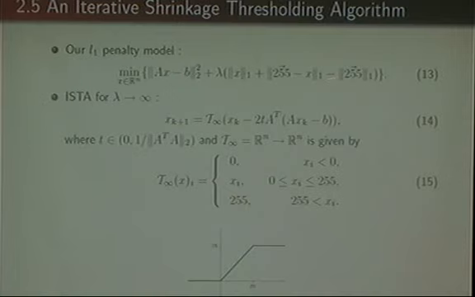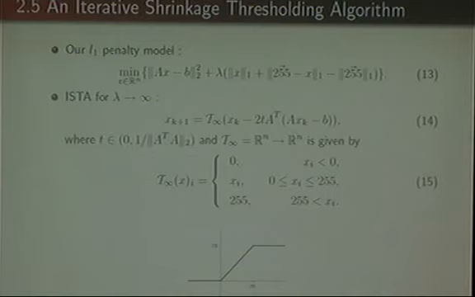If you take the x1 norm, 255 minus x1 norm, then if x is between 0 and 255, this is always the same, and if x is less than 0 or greater than 255, this function becomes increasing. So I can formulate our problem into that penalty model.